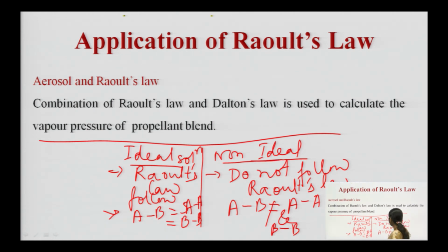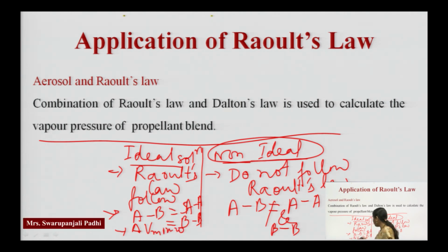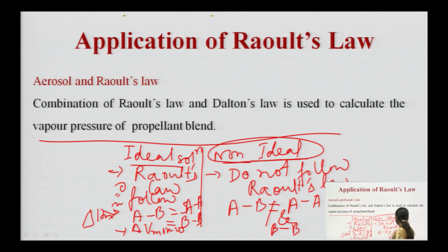So, in this case we get two deviations, that is positive deviation and negative deviation. In an ideal solution, del V mix is equal to 0 and del H mix is equal to 0. In a non-ideal solution, del V mix and del H mix are never equal to 0.